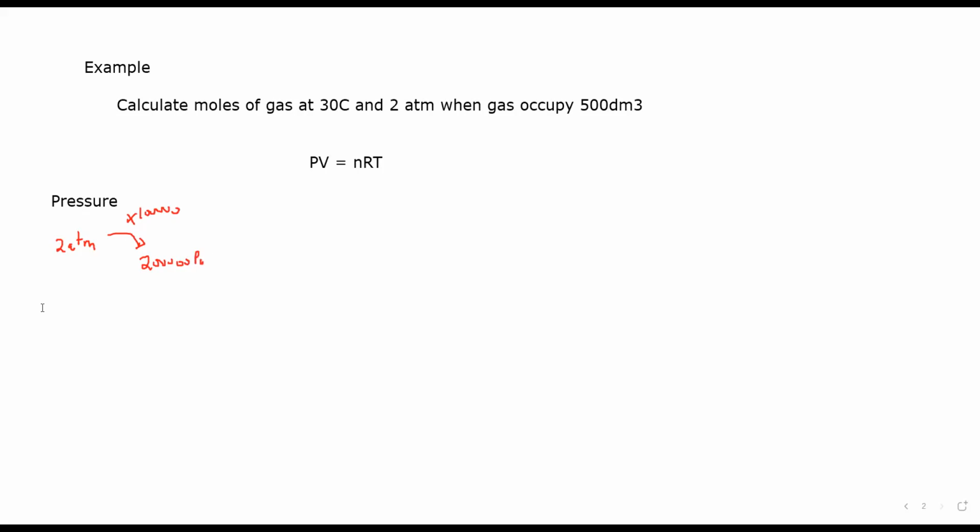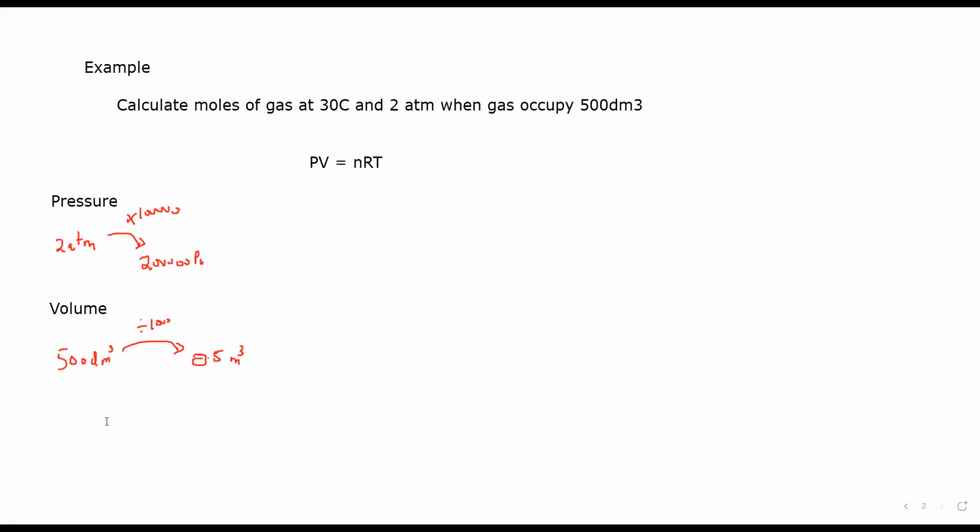Then about the volume, the volume is given as 500 dm cube, but the SI unit is not decimeter cube, the SI unit is meter cube. So to convert decimeter cube into meter cube, I will divide by 1000. When I divide by 1000, that's equal to 0.5 meter cube.